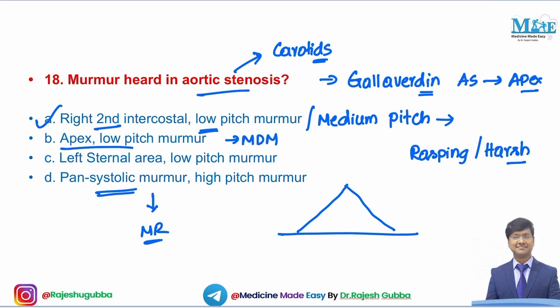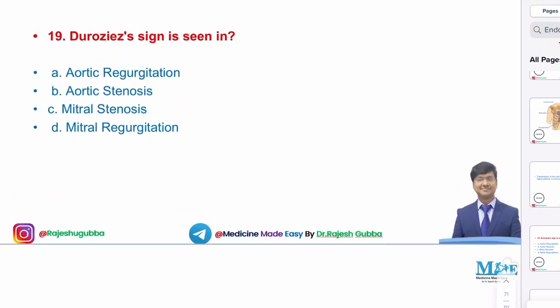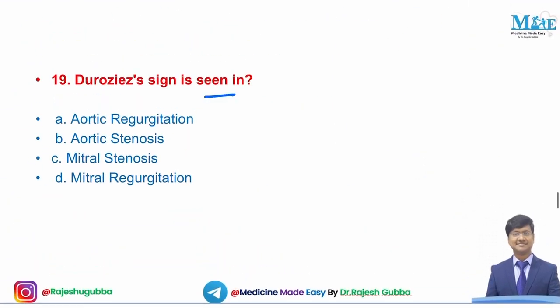All right. Next question. Duroziez's sign is seen in AR, AS, MS, MR. So Duroziez's sign is a sign in case of aortic regurgitation.